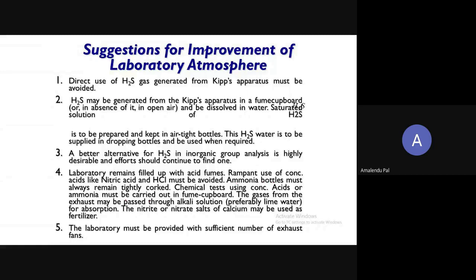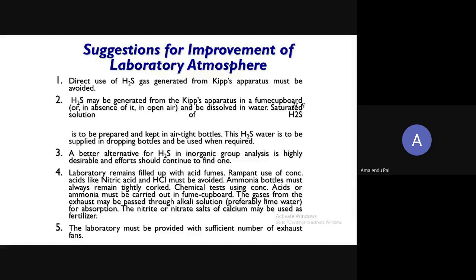If that is not possible, the ammonia bottle must always remain tightly corked. Chemical tests using concentrated acid or ammonia must be carried out in a fume cupboard. But in most university labs, this is not done. Sometimes there is no fume cupboard at all in the lab, but there should be. This is very, very important. At least one fume cupboard per lab is very important.